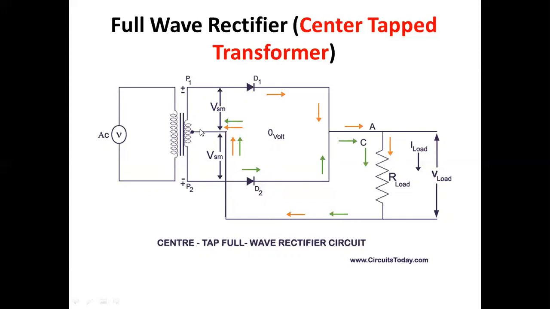With respect to the positive half cycle of the supply in the center tap transformer, I'm not showing a sinusoidal waveform here, but if you imagine the positive half supply, then for a positive half cycle, the first diode D1 has to conduct. Diode D1 has to conduct. Why?